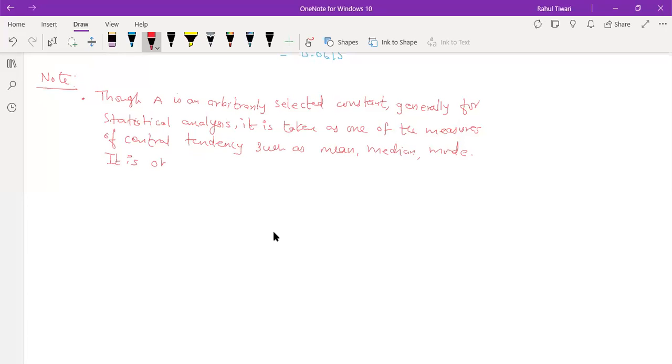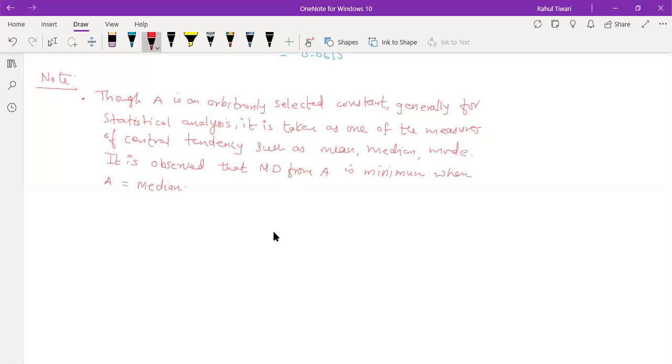It is observed that MD from A is minimum when A is equal to median.